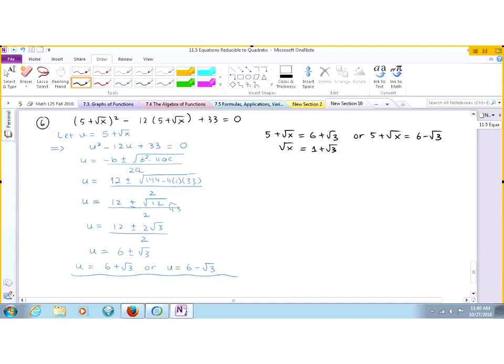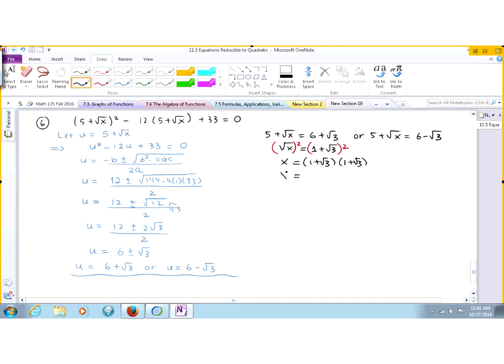Okay. Then what am I going to do? How do I solve for x? I have to square both sides. So x is equal to, be careful, what is 1 plus square root of 3 squared? No. This is a binomial. 1 plus square root of 3, 1 plus square root of 3.